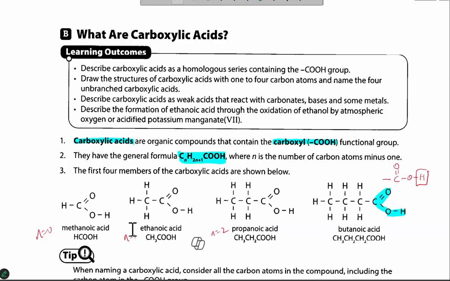So meth, eth, prop, but is the number of carbon. So always remember, whenever you put the 1 inside the n and you write the formula out, it becomes CH3COOH, you must quickly recognize that this is already the second member. It's called ethanoic acid. And if you're required to draw or write methanoic acid, then of course you make the n equal to 0. Always check.